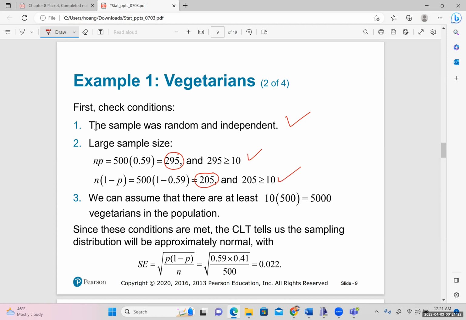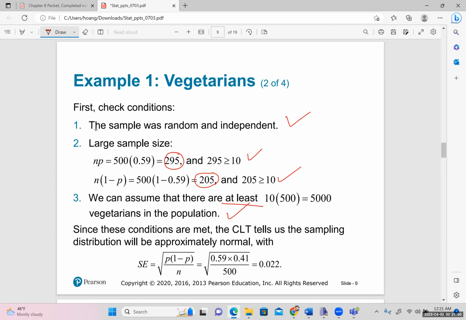We're not sure of the total number of vegetarians in the population, but we can assume there are at least about 5,000. It could be more than that, but we can assume at least that, so this is okay.